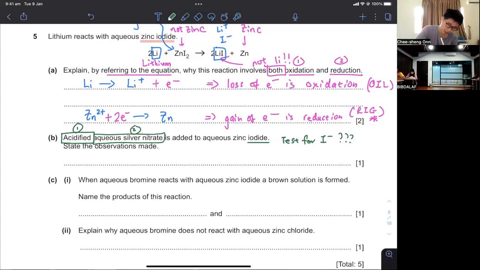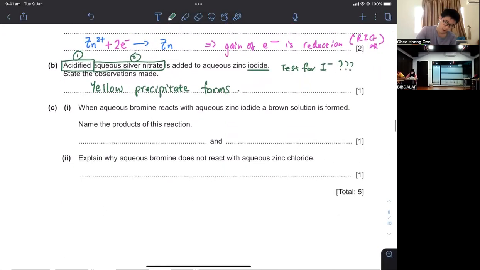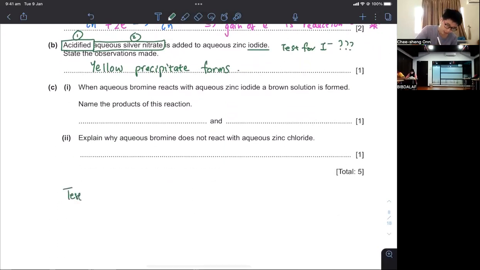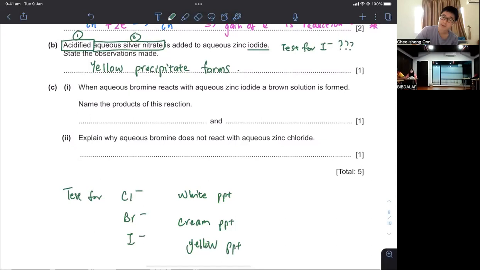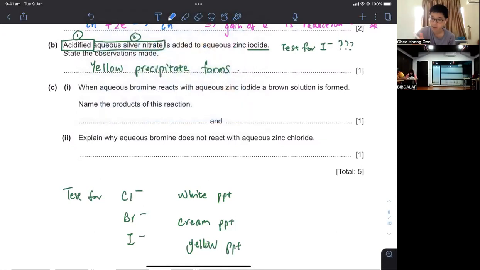And what you will get is a yellow precipitate because you will form silver iodide. This is all case study, all right? So if I go further down, you have tests for chloride, bromide, iodide. You will get white ppt, cream ppt, and yellow ppt. People remember the results, but people tend to forget the reagents, and you have to fill in the reagents.